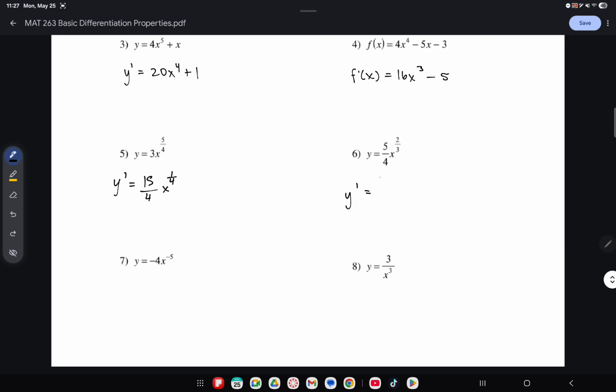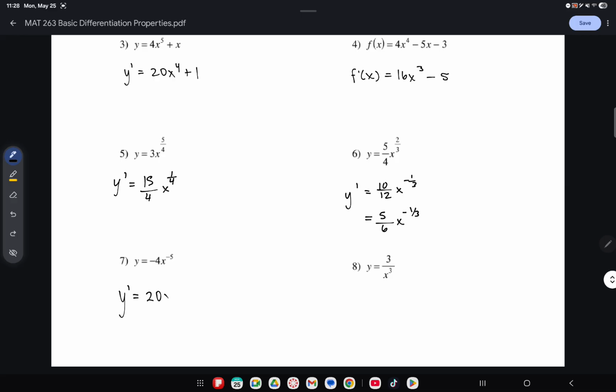We have more fractions here. Let's see, 10 twelfths. X to the, we'll subtract 3 over 3, so minus 1/3. I'm going to simplify that fraction here. So let's see, they both can be divisible by 2, so we're going to make that 5/6 x to the negative 1/3.